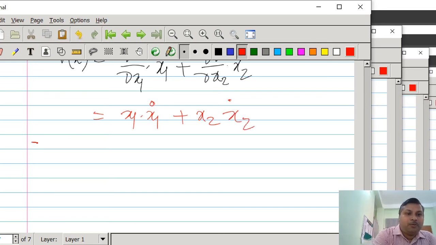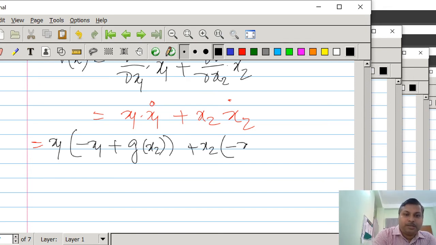Okay, so now we will write x1 dot and x2 dot. So x1 into x1 dot, that is x1 times minus x1 plus g of x2, and plus x2 times minus x2 plus h of x1.